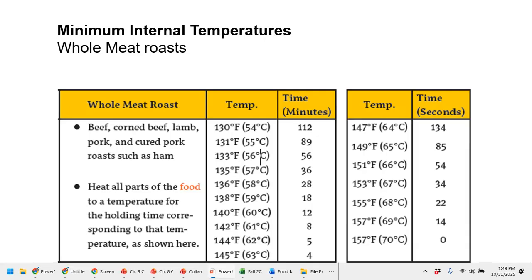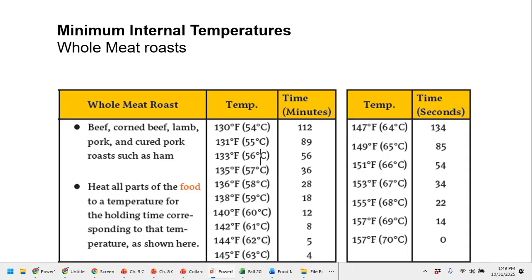It's literally the minimum we can take this to, but holding them at that temperature long enough, we literally will torture them to death. We will eventually kill them all off because they can't take it any longer. It's just too hot for too long. Okay? Does that make sense?